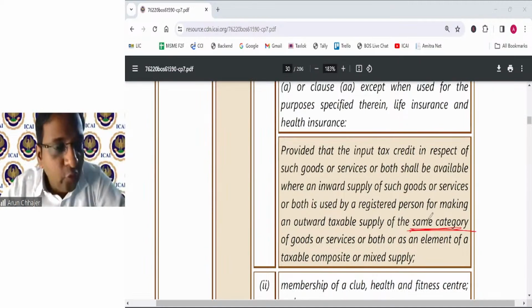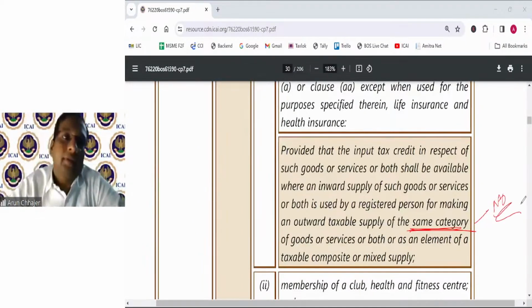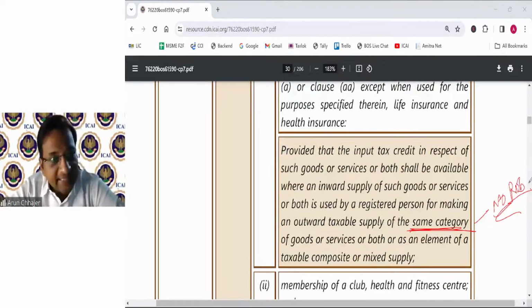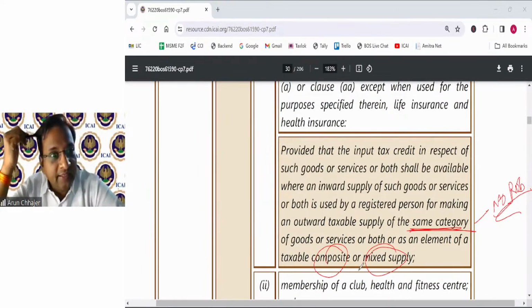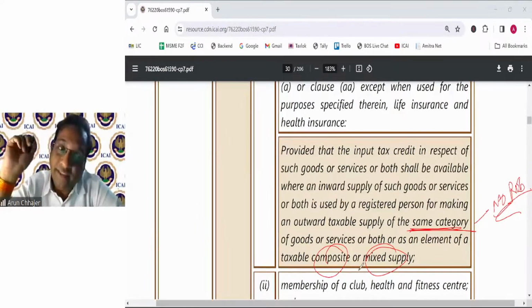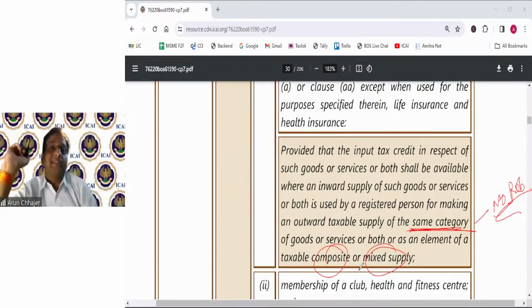So if you are making the invoice separately, then no problem, ITC allowed. Either you are billing separately or it is billed together as one item, then it is composite or mixed supply. It says that even in that case, we will give the ITC. That is the big point.